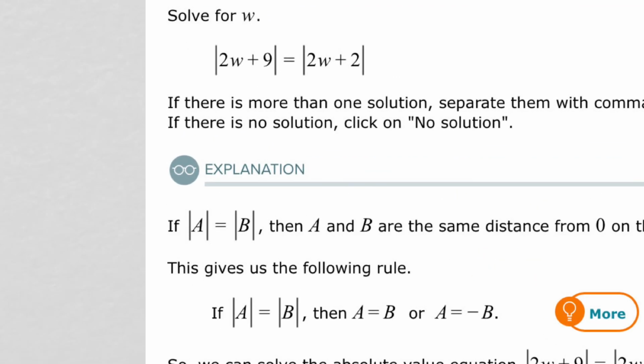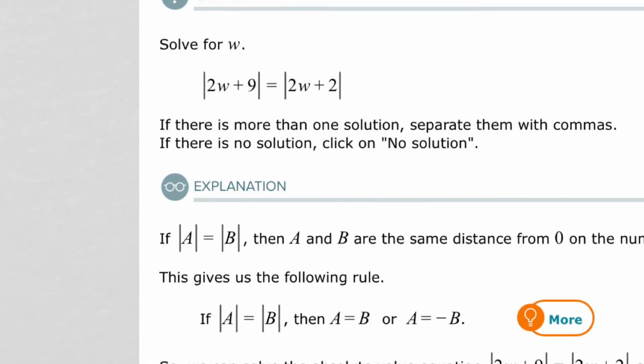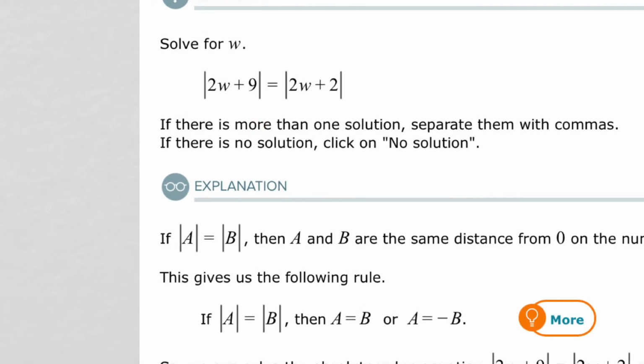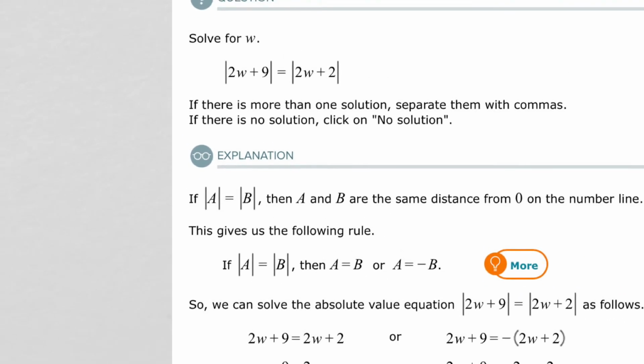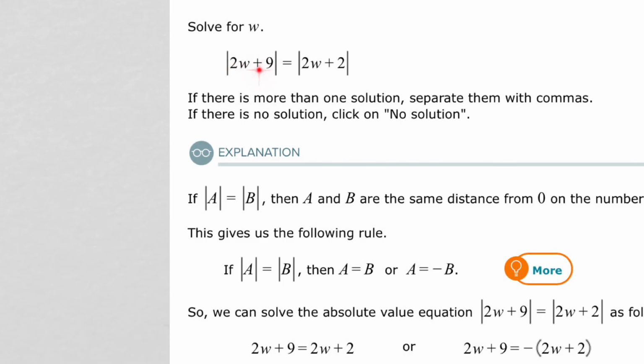Same thing: the absolute value of 2w plus 9 equals the absolute value of 2w plus 2. First we drop the absolute values and make two equations. We set 2w plus 9 equal to 2w plus 2. That's our first equation. Our second equation, A equals negative B, is 2w plus 9 equals negative 2w minus 2, distributing the negative in.